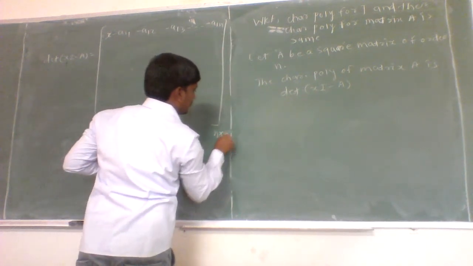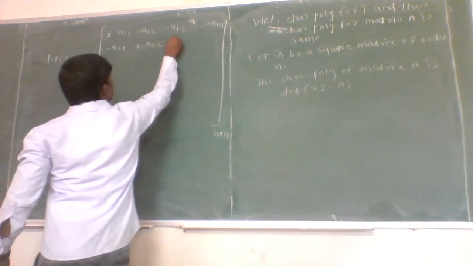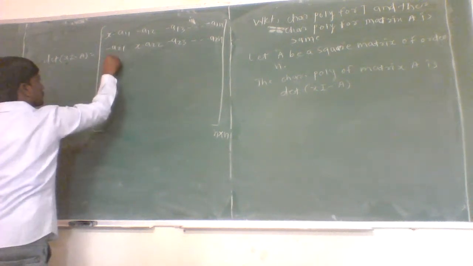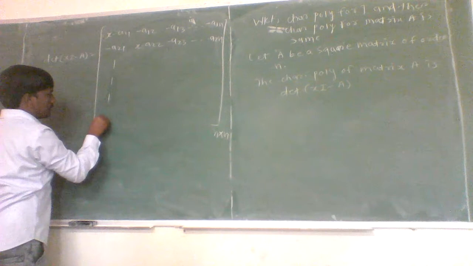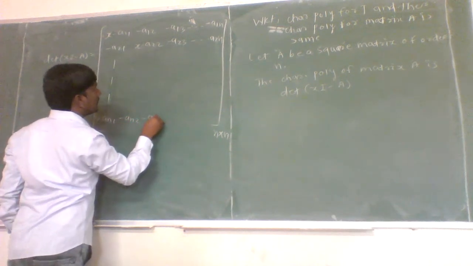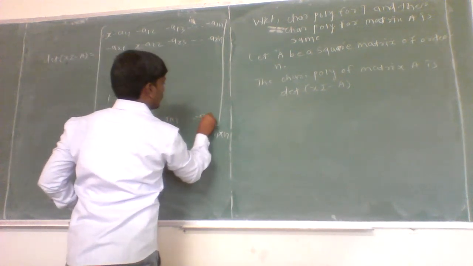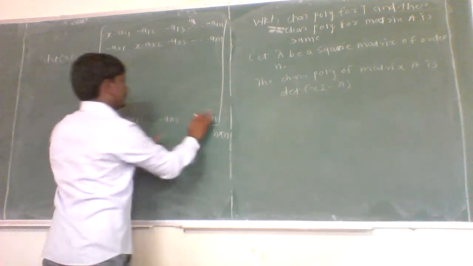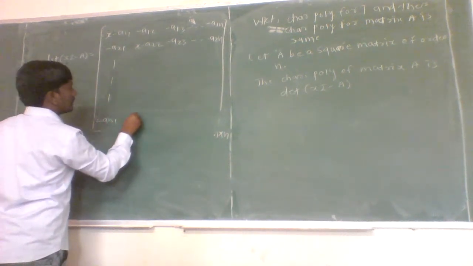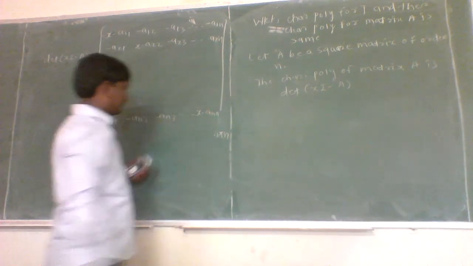It is a square matrix of order n cross n.